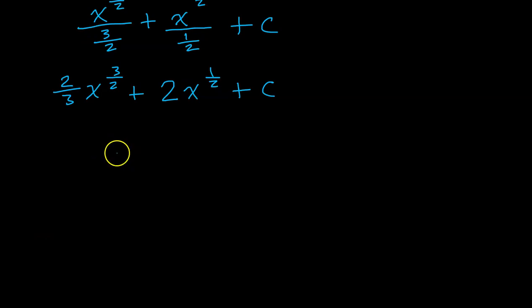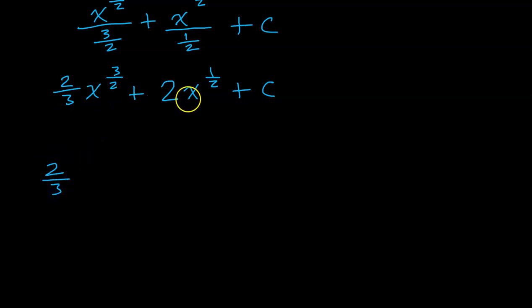Now, the original problem had radicals in it, so let's find a form that has radicals in the final answer. Also, let's pull a common factor outside of parentheses and leave that in the front. So for the numerical part, I'm going to just choose the leading coefficient of 2/3. So I'm definitely going to bring that outside the parentheses.